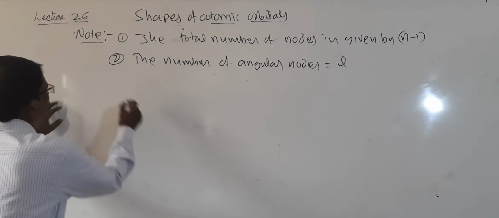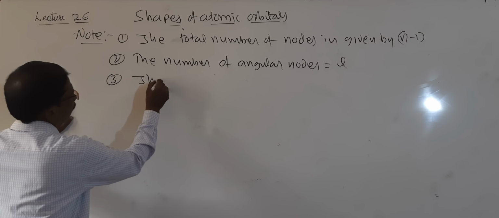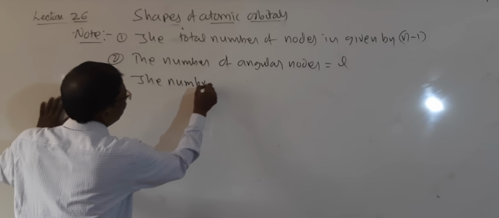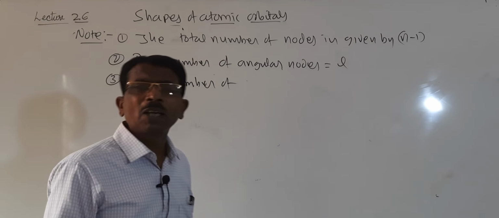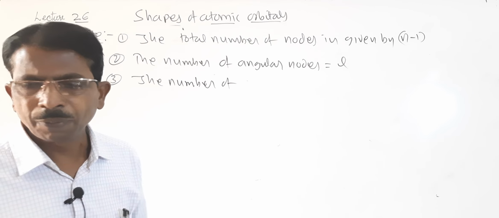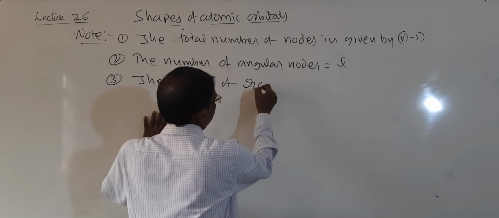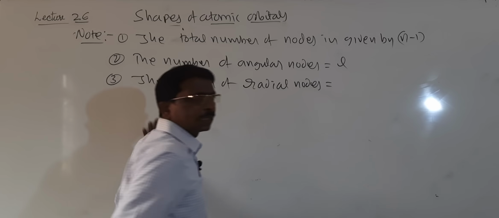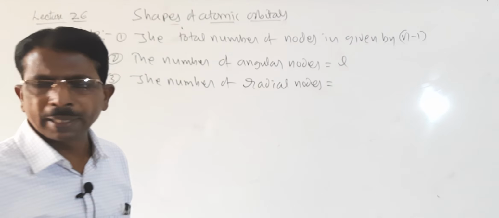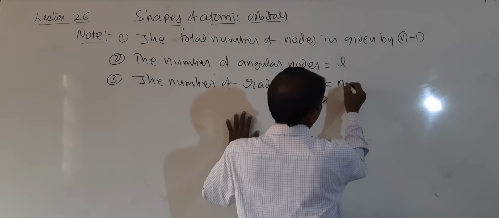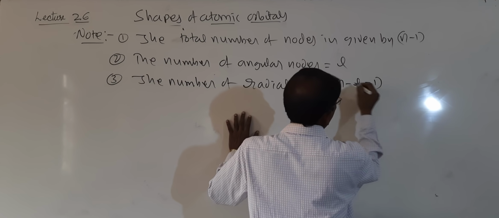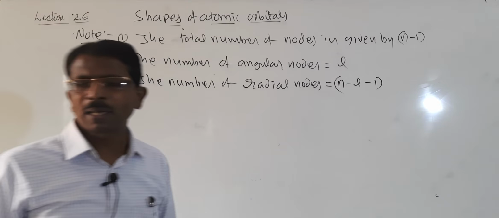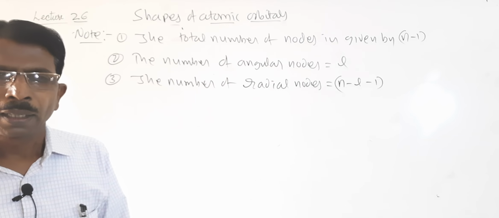Then third one, the number of radial nodes, that is nothing but n minus L minus 1.